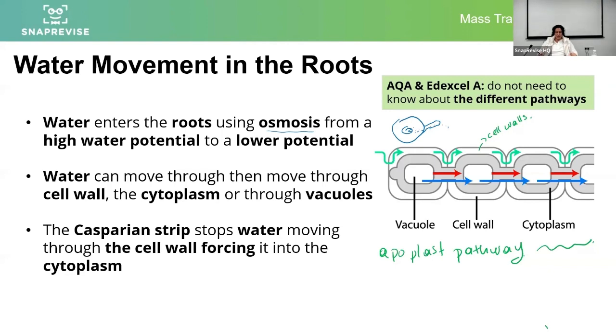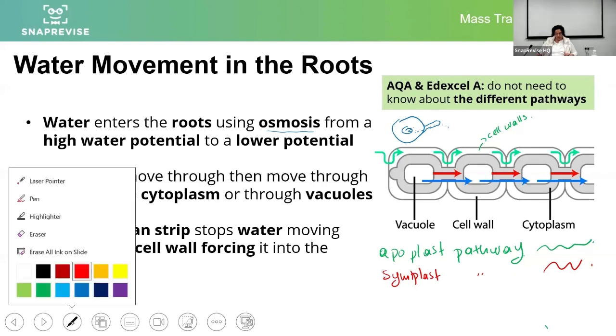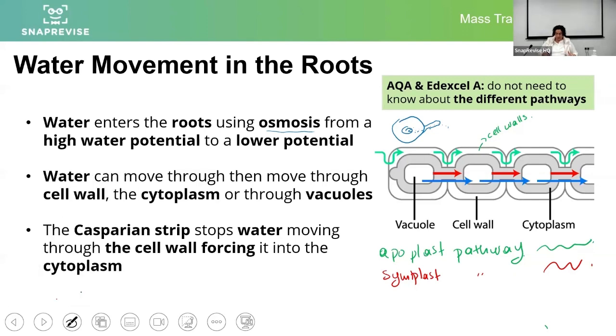What's the second type of transport? The other two types of transport are actually quite similar. We've got the symplast pathway in red, and then we've got the vacuolar pathway in blue.